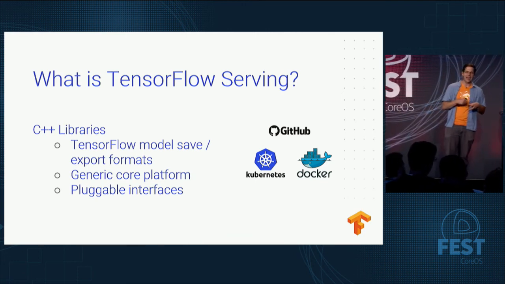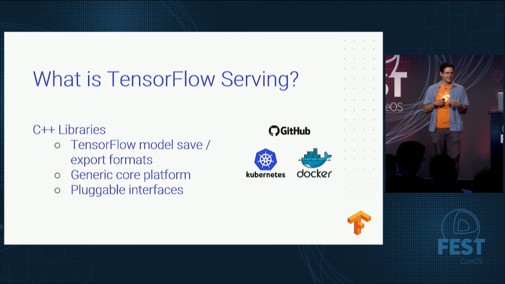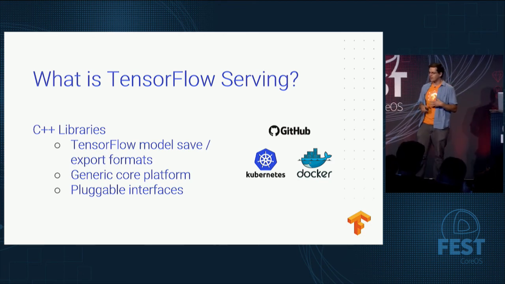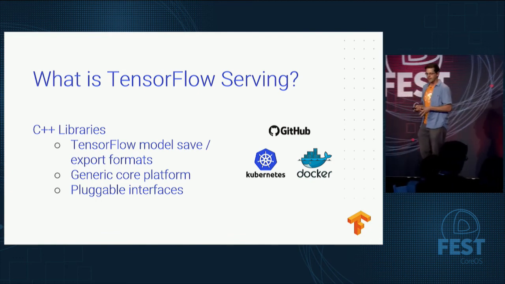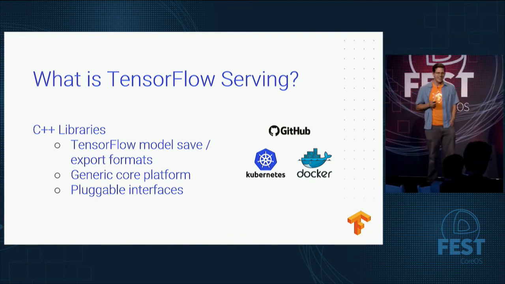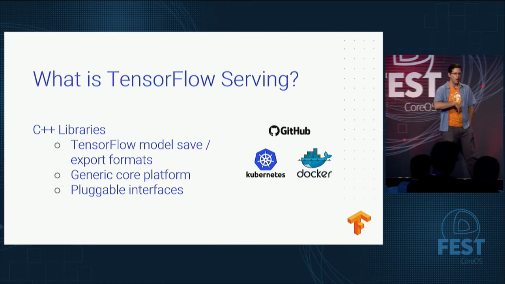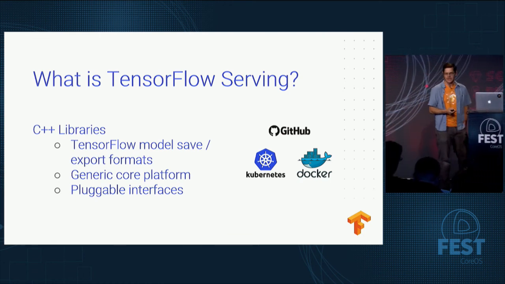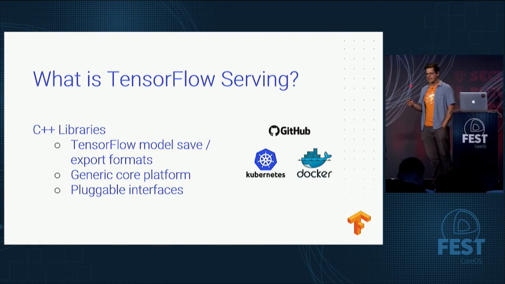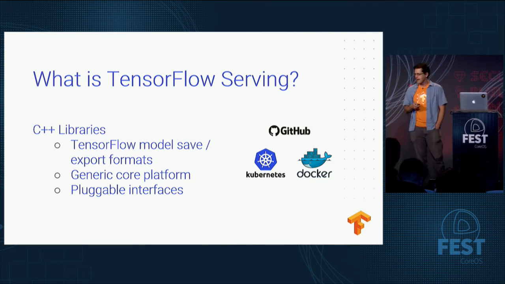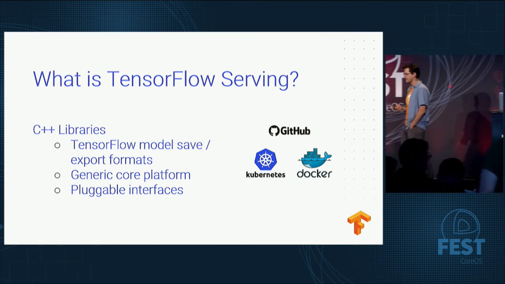TensorFlow Serving sort of has 2 versions. There's TensorFlow Serving, the set of libraries. It's a set of C++ libraries that include everything you need to build your own flavor of TensorFlow Serving. There's everything you need to import or export a TensorFlow saved model, a generic core platform with pluggable interfaces.